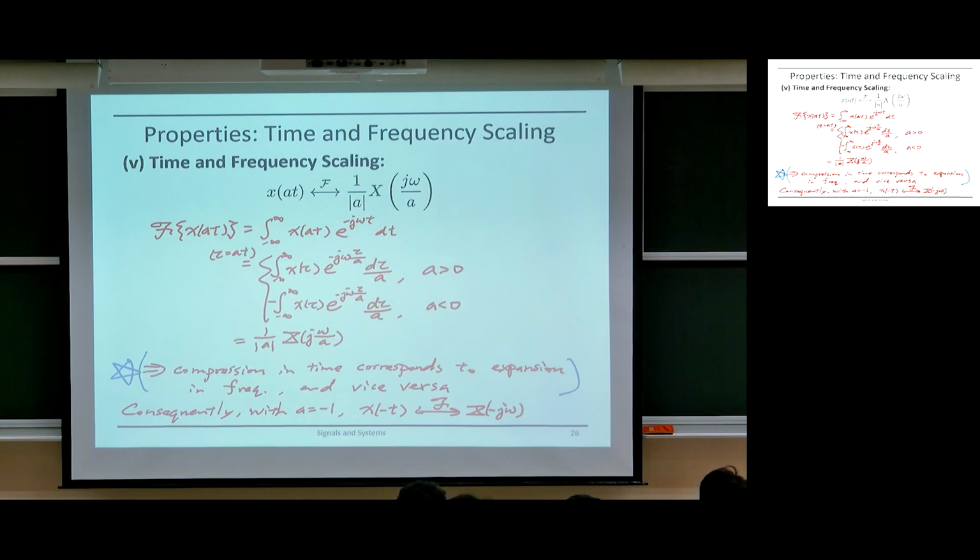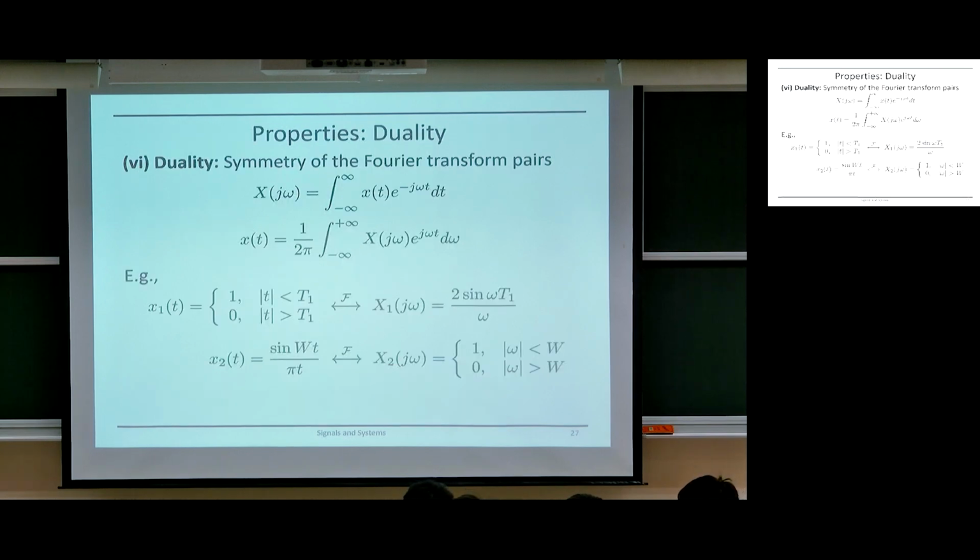Now another useful property is this duality. The duality we already mentioned a little bit before. This duality comes from the symmetry of this Fourier transform pair. If you observe this Fourier transform and the inverse Fourier transform formula, you can see that they look almost exactly the same, except for this negative sign in the exponent, and with this additional scale.